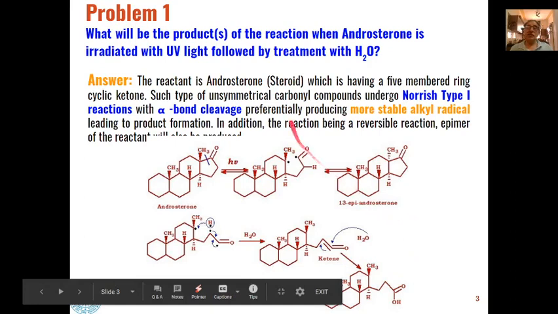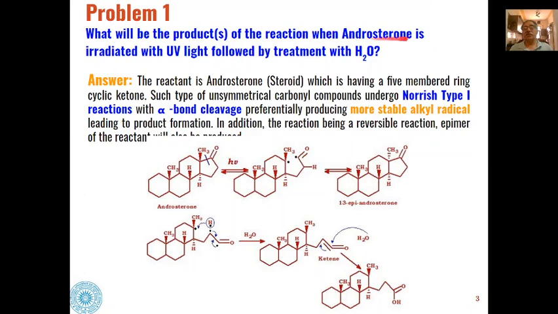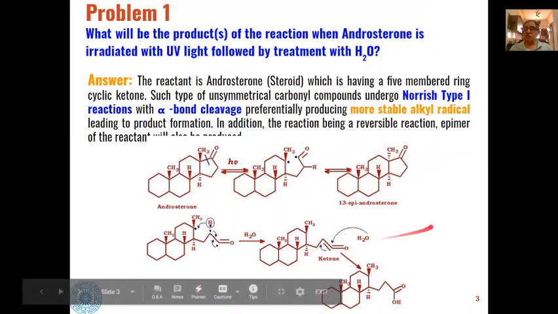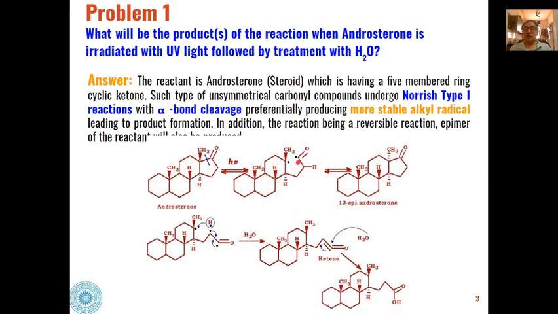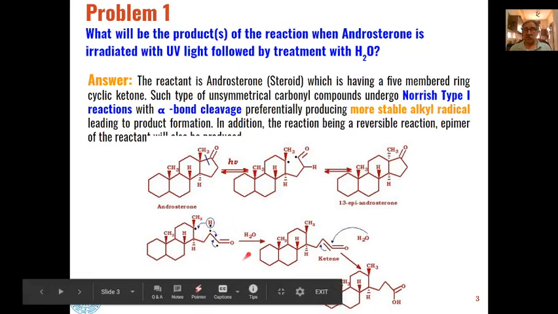So the photochemical irradiation of androsterone will lead to the formation of two products. One is 13-epiandrosterone by epimerization, and the other is by alpha cleavage of this bond and then formation of a ketene, which will ultimately lead to the formation of a carboxylic acid as the product.